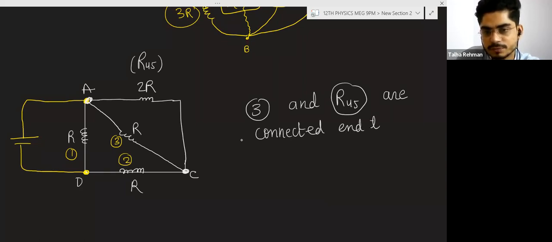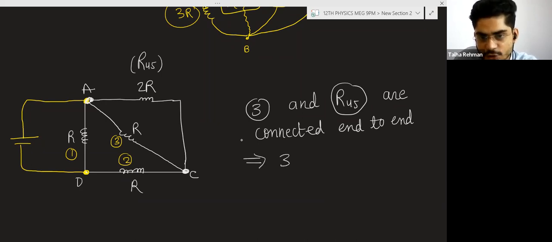They are connected end to end, which means that R3 and resistance R45, that is 2R, are in parallel.